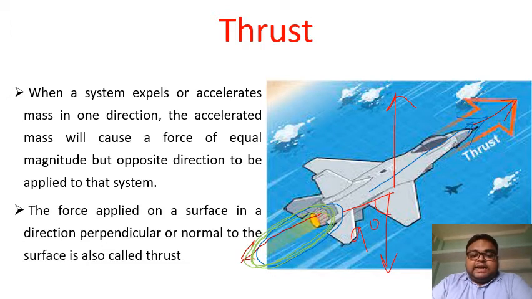So we can say that the force applied on a surface in a direction perpendicular or normal to the surface is also called thrust, right? So the direction of thrust from the normal force will be what? It will be 90 degrees, right?